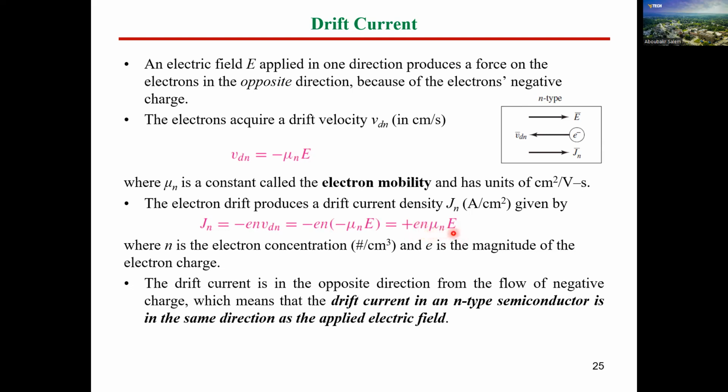For sure, if you apply more voltage, more electric field, you will get higher current. However, this is an external effect, not an internal effect, which means as a manufacturer, we take care of the concentration in order to achieve a certain current value.